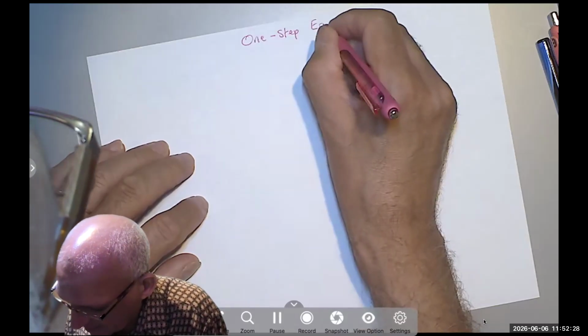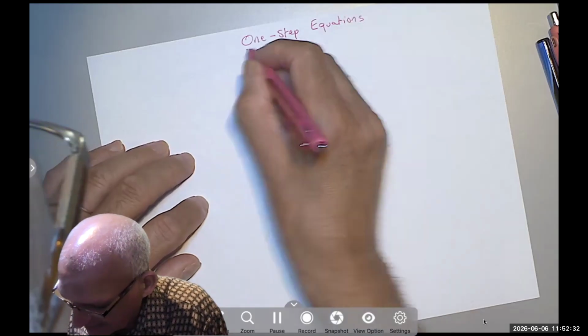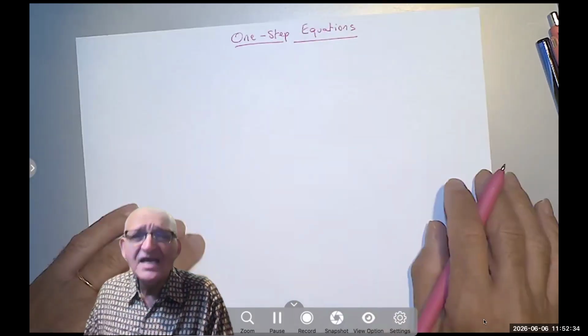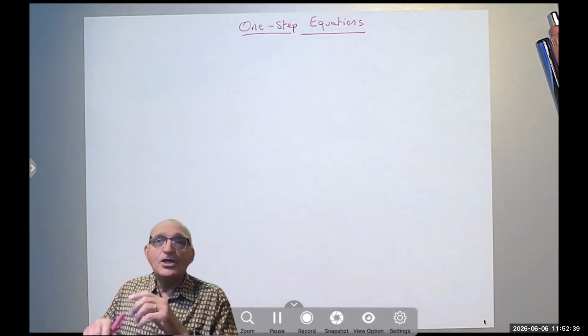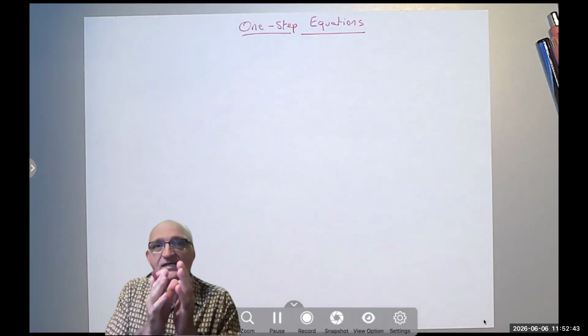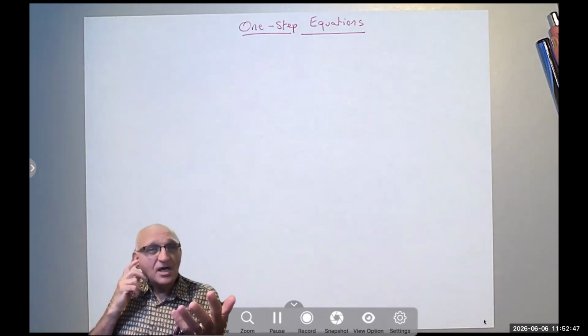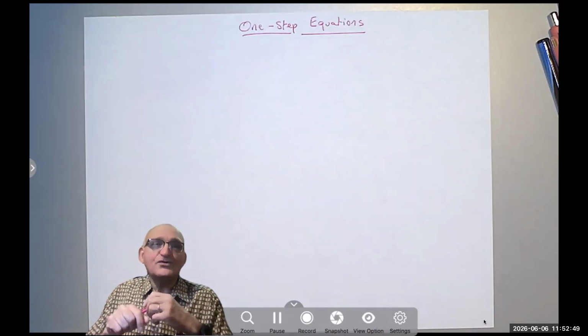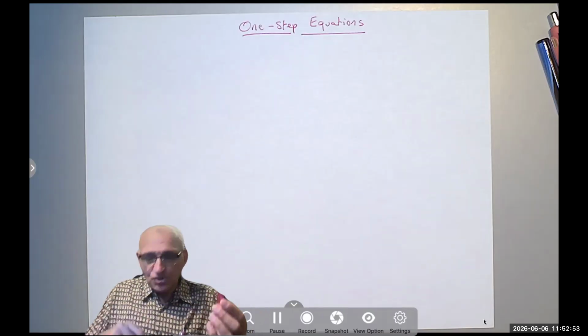One-step equations. Remember, equations mean I have an equal sign, a right-hand side and a left-hand side. Typically, not necessarily, but typically, we want to have the variables on the left-hand side and the constants on the right-hand side, and then we apply the inverse operation.